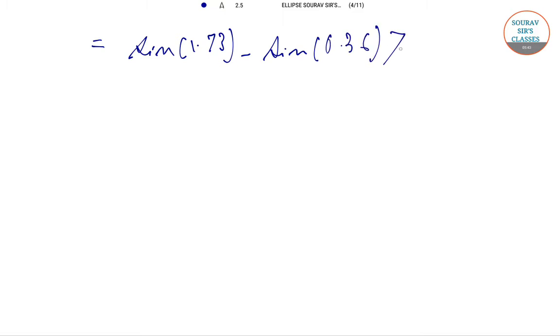So that becomes sine 1.73 minus sine 0.36, greater than 0.